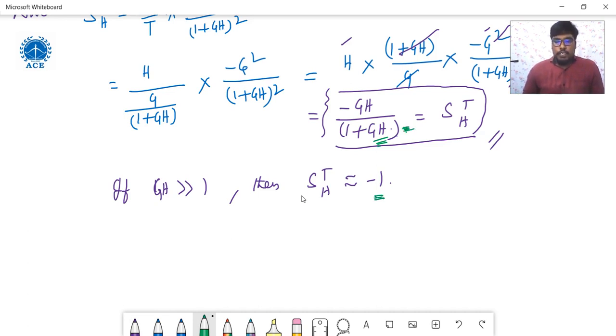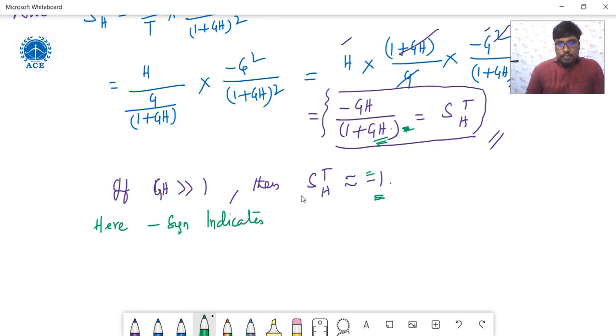Got my point? So here, the negative sign indicates the change in overall gain and the change in the feedback H are opposite. Let me write that also here.